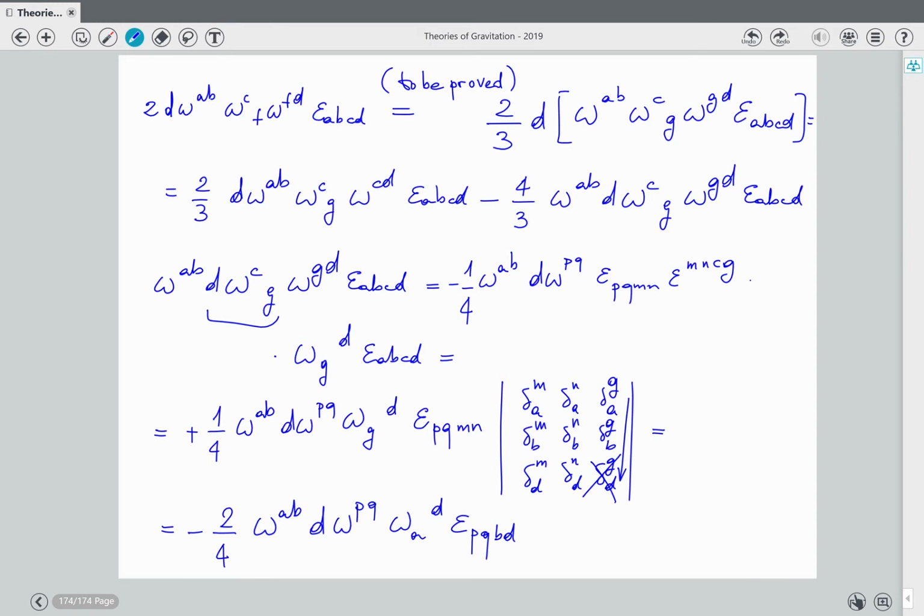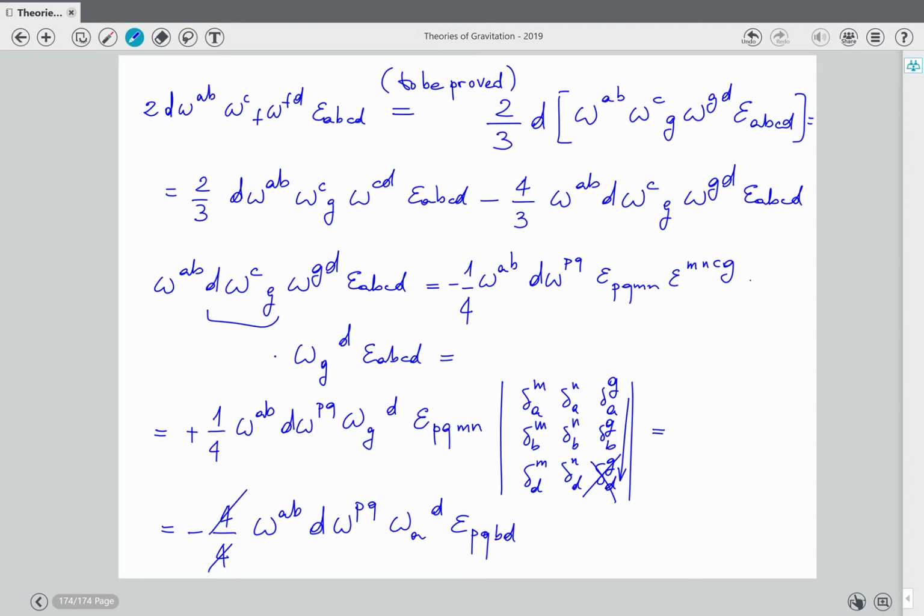And the other one is delta GB, but delta GB, due to the anti-symmetry with respect to A and B, and the minus sign cancels, it gives the same contribution actually, so it's very easy. Minus 4 divided by 4. So it's minus omega AB d omega PQ omega AD and epsilon PQBD.